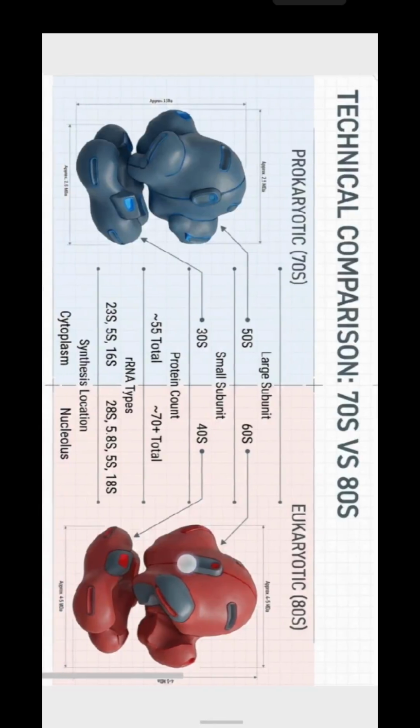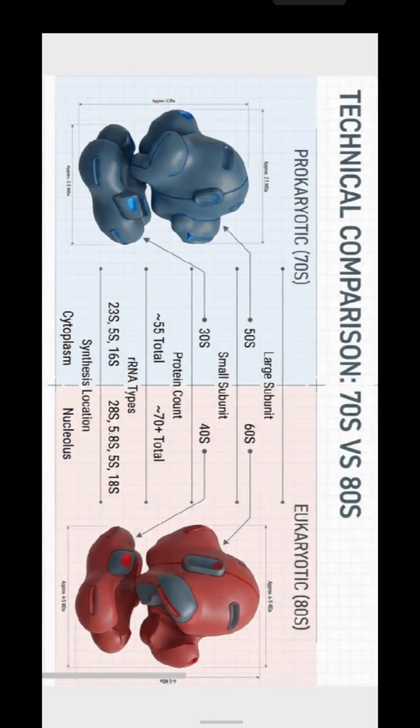As we have discussed, the largest subunit of prokaryotic 70S ribosomes is 50S, while in eukaryotic 80S ribosomes it is 60S. The smaller subunit is 30S in prokaryotic cells and 40S in eukaryotic cells.